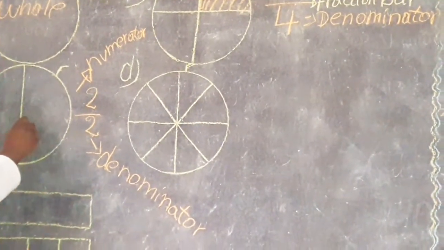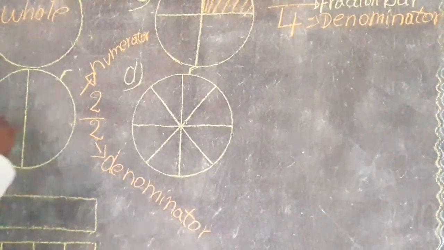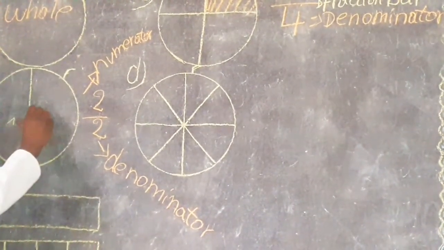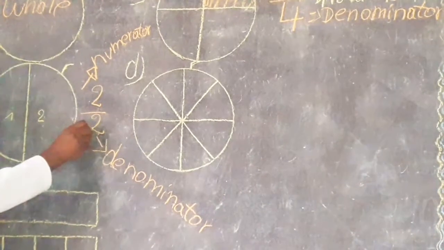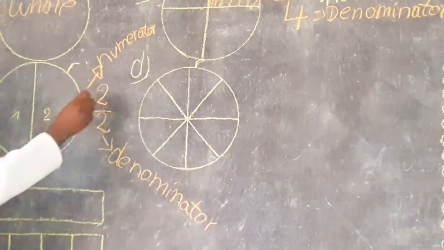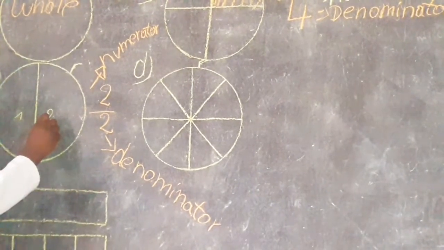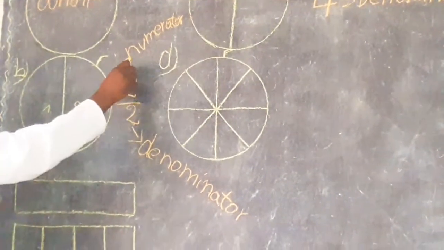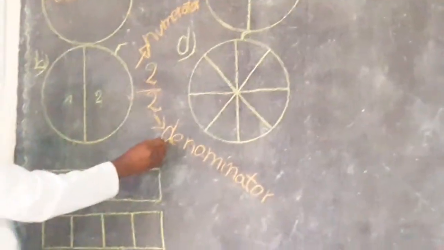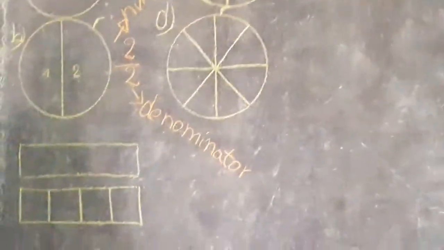The available parts here is 2. 1, 2. This is the denominator. And here I take 2 parts in 2 parts. This is the numerator. 2 over 2.